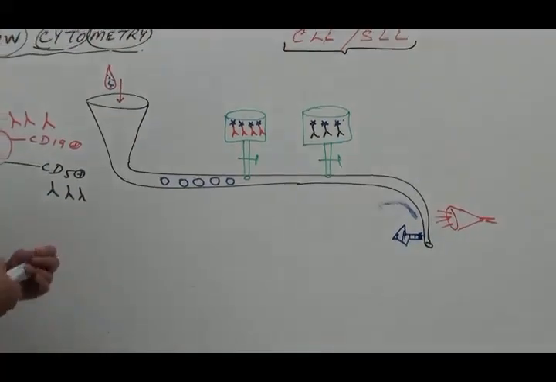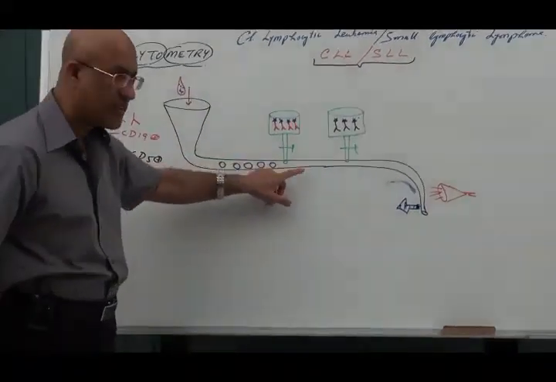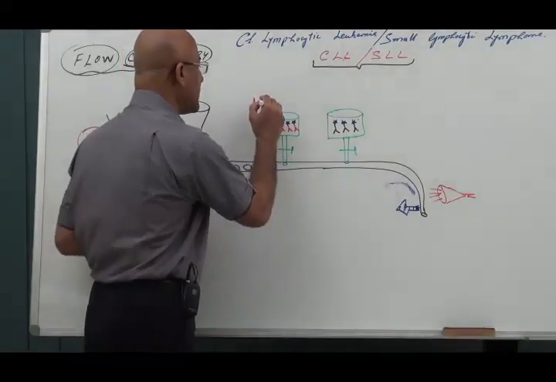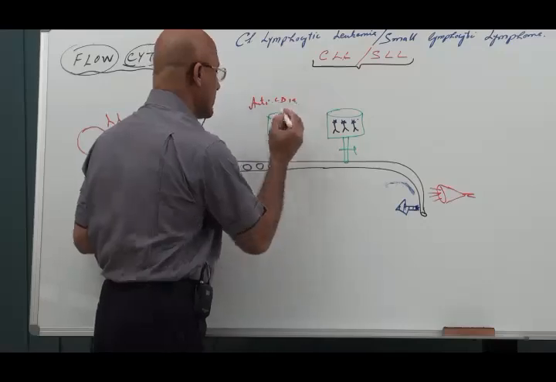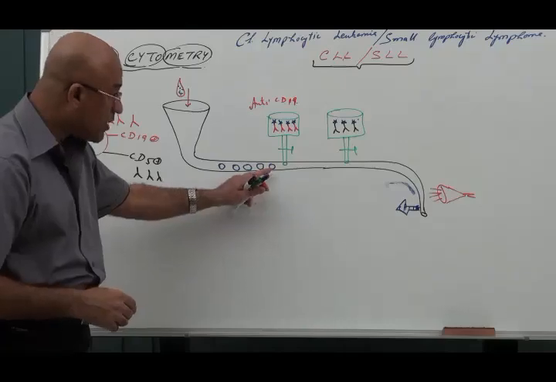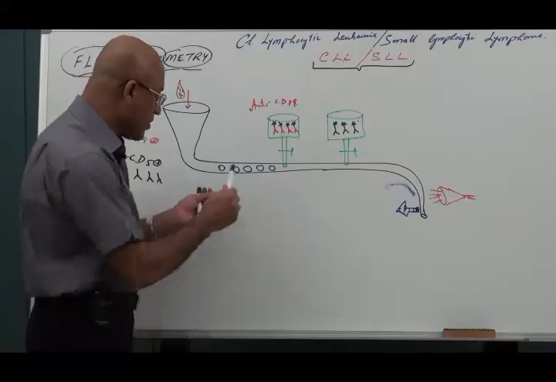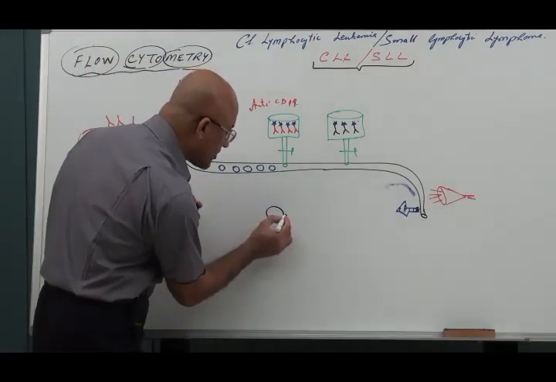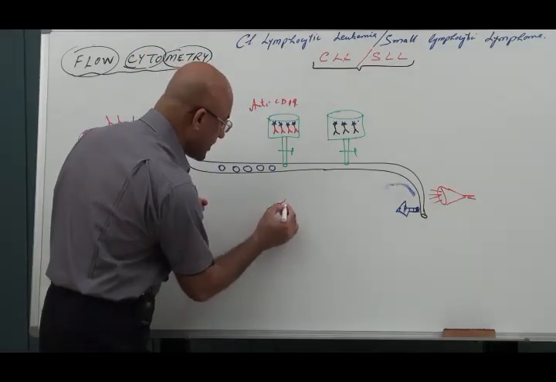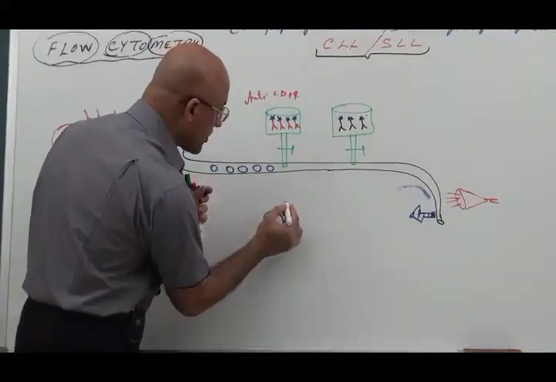Now what really happens? Let's suppose this cell is a B cell. When B cells are passing through this, we release anti-CD19. When we release these antibodies, if there is CD19 on these cells, these antibodies will react with it. For example, this is CD19, this is CD19, right? So these antibodies will bind, and they have fluorescein here, a fluorescent tag.